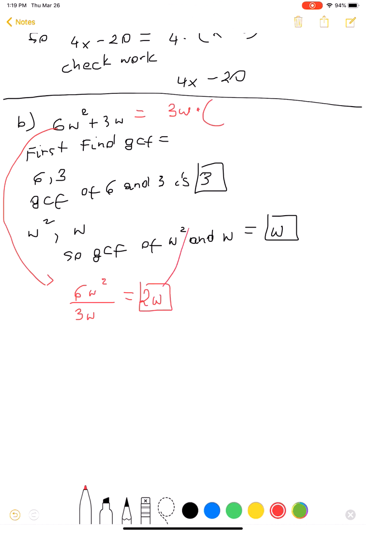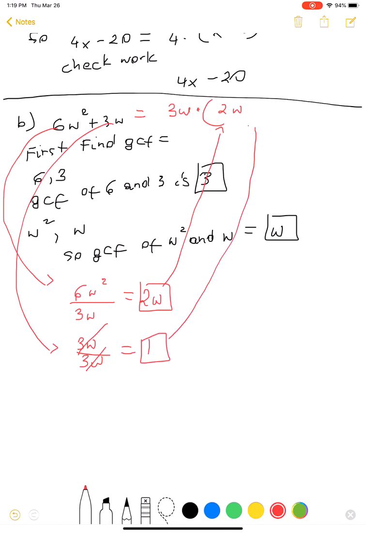So 2w will go inside of the parenthesis. Then you take 3w, divide by GCF, which is 3w. That will cancel completely, which means you're getting 1, and 1 goes inside of the parenthesis. Since it's positive, you're going to put plus 1.